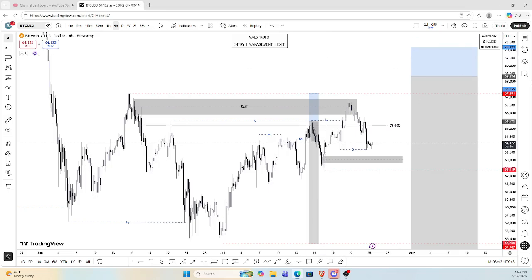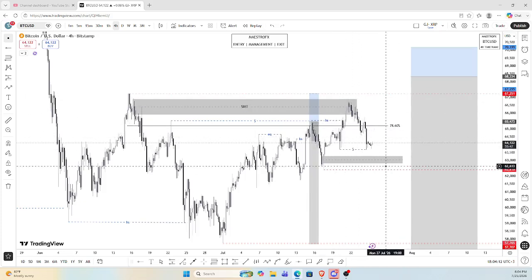So we have a tug of war here between the sellers and buyers. But it's only when the lower time frame shifts and aligns with the higher time frame that we will get high probable setups.